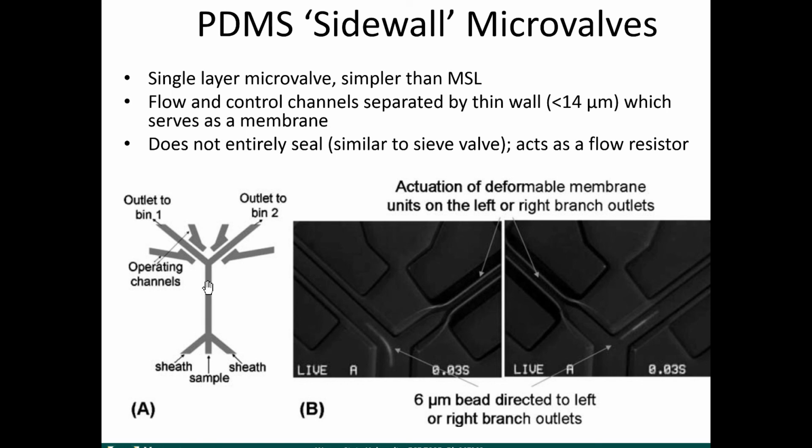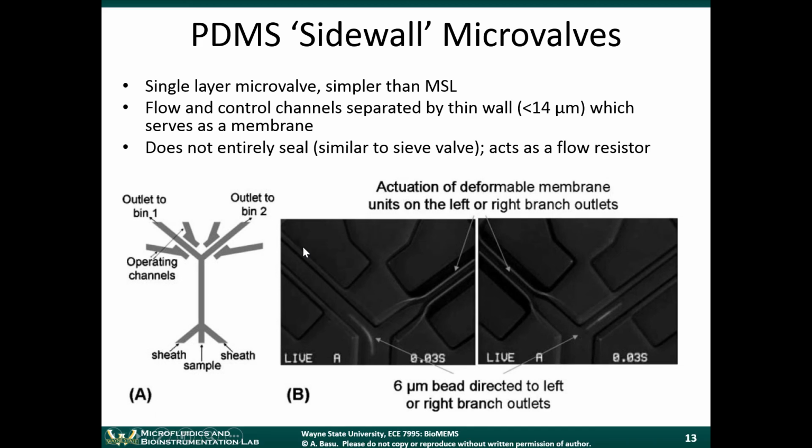If you close off this channel, then the flow is all going to go to the right. If you close off this channel, then the flow is all going to go to the left. So you just have a way of controlling and sorting the particles. These things don't actually entirely seal the channel, but they act as a flow resistor, meaning they just change the fluidic resistance of one channel versus the other. So it's the equivalent of a potentiometer. The circuit equivalent would be a potentiometer.